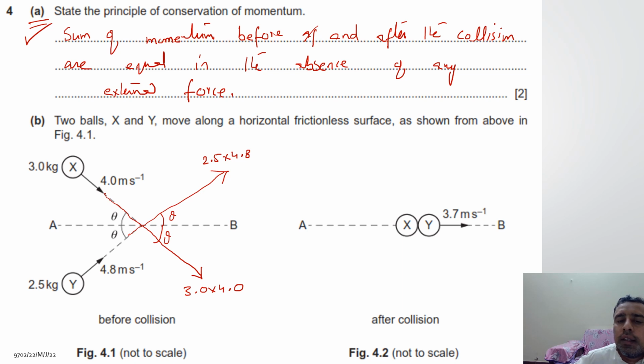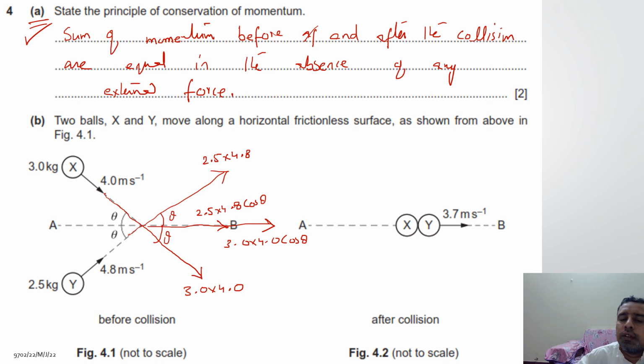If we divide these momentum vectors into components, then we have the two horizontal components like this one: 2.5 into 4.8 cos of theta, the other is 3 into 4 cos of theta.